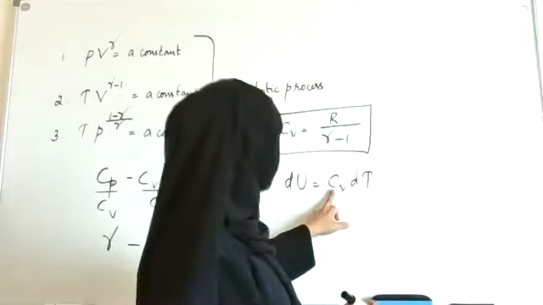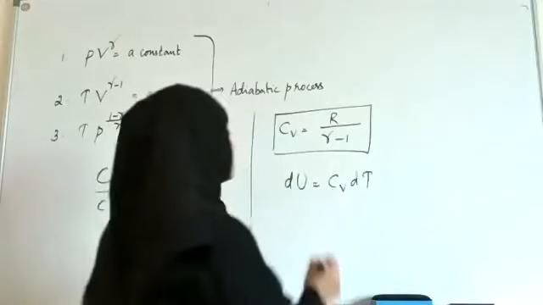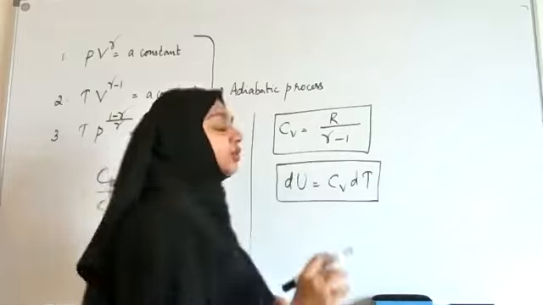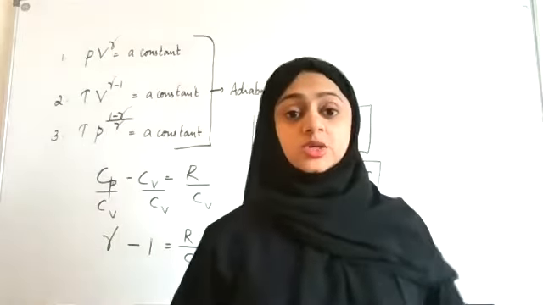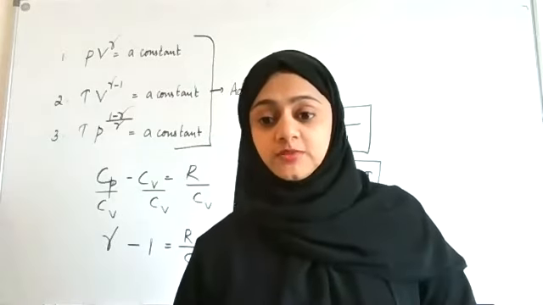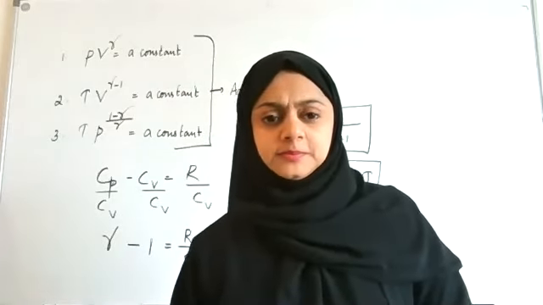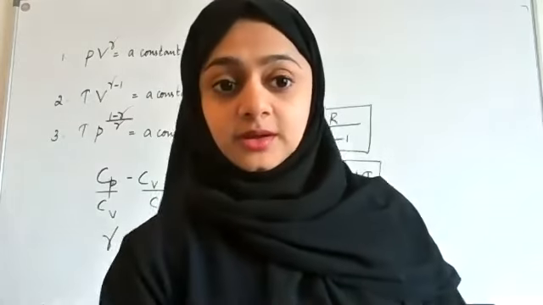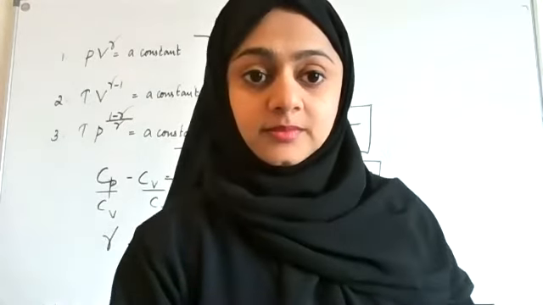The constant of proportionality is Cv. So Cv is an important quantity which, if you know for one particular gas, all other properties or constants can be obtained from that. Is it clear? Yes.